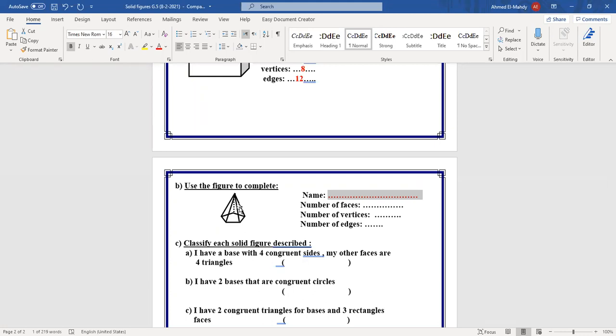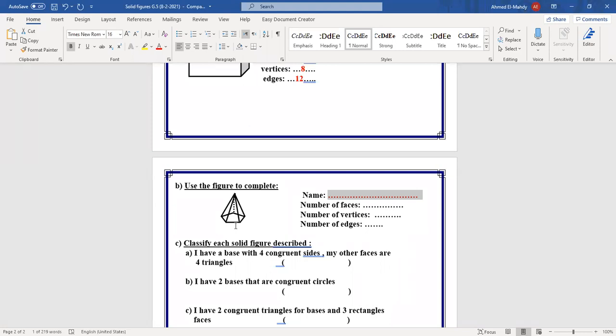Mister, can I answer? Okay, Habiba. What is the name of this solid? Firstly, is this solid a pyramid or a prism? Pyramid.